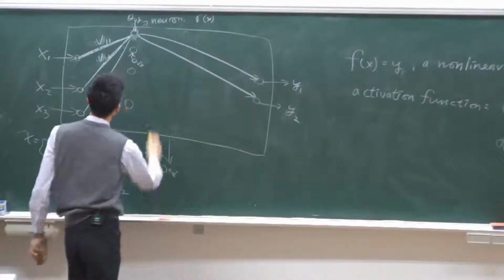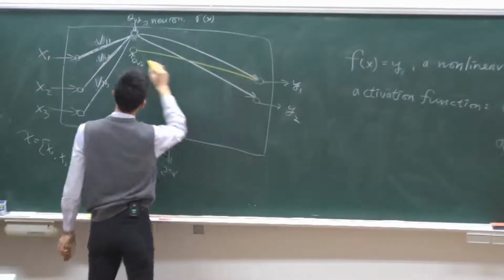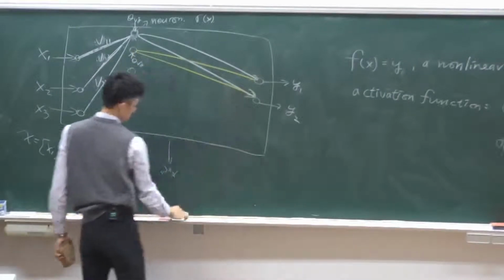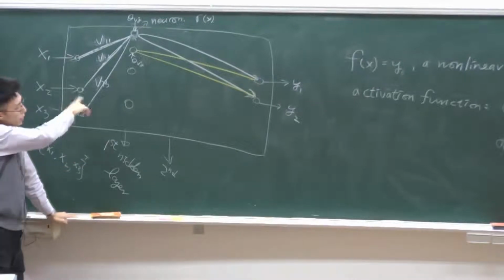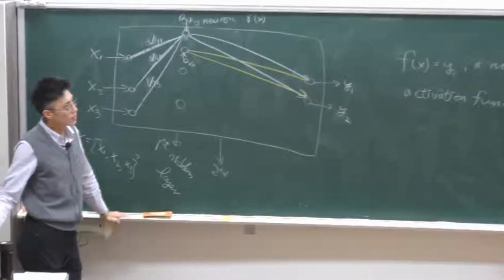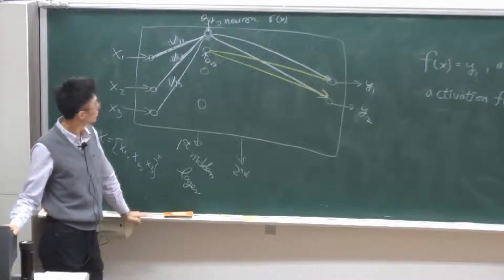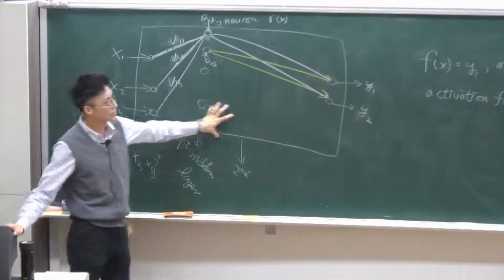So you can formulate this neural network as that. This is a black box.